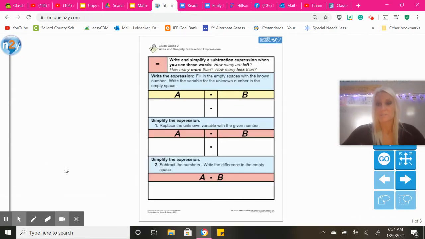Your next math boxes are going to be about writing expressions. When we write expressions, these are subtraction and addition problems where some things are left out of it and we're trying to solve for them. So remember, when we use subtraction, we're looking for our keywords of how many are left, how many more than, or how many less than.